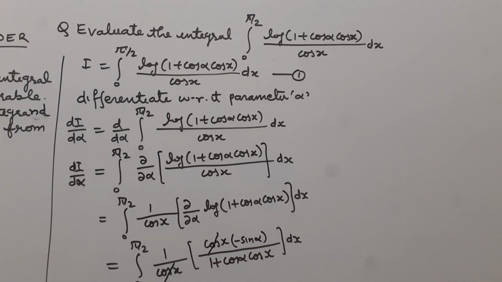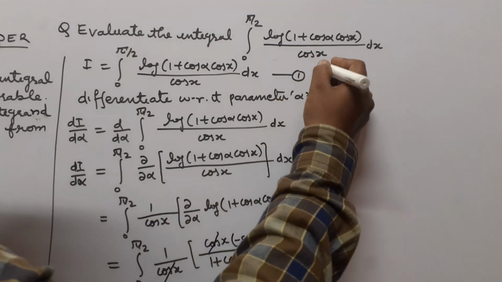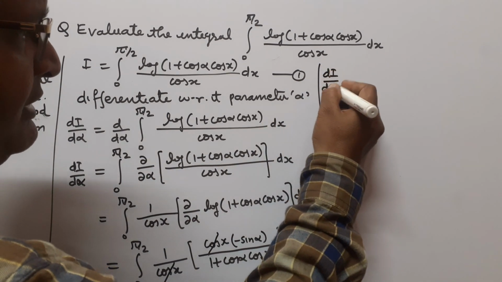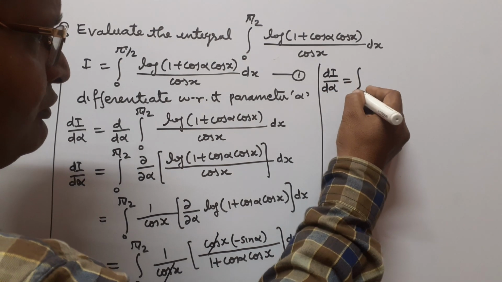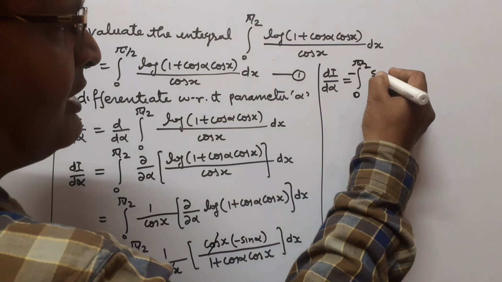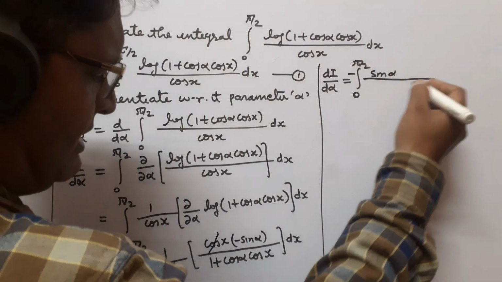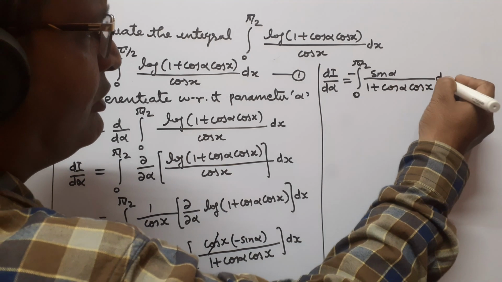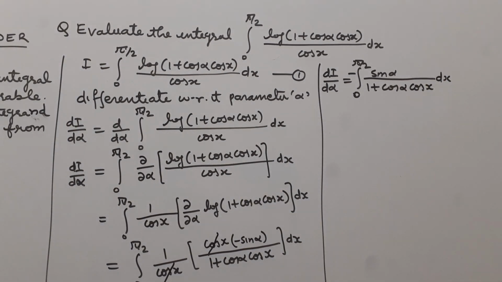And now we can see here, dI upon d alpha is equal to the integral from 0 to pi by 2 of minus sin alpha divided by 1 plus cos alpha multiplied by cos x, dx.